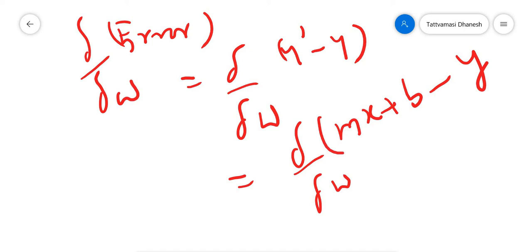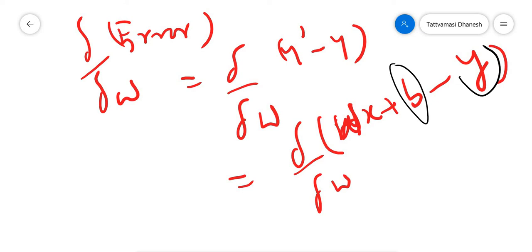So when you differentiate, here we need to take wx. Our equation is wx plus b because we have taken the weight as w. When you take the derivative with respect to w, all these things are constants. This is constant, this is constant, everything is constant. So you will get only the variable as w.